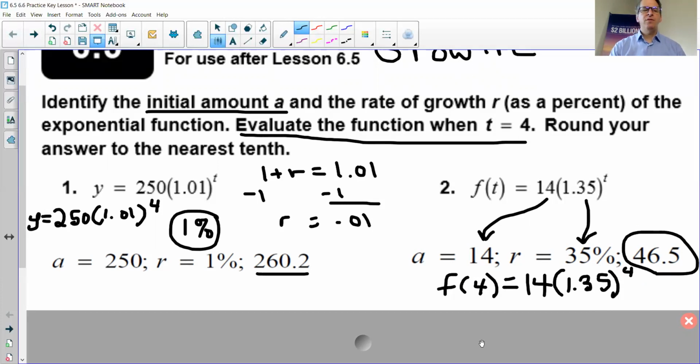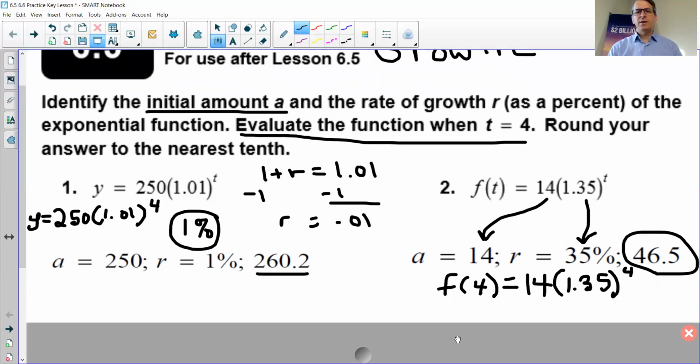So 1.35 times 1.35 times 1.35 times 1.35 times 14 will get you 46.5, or you could use your power button on your calculator.